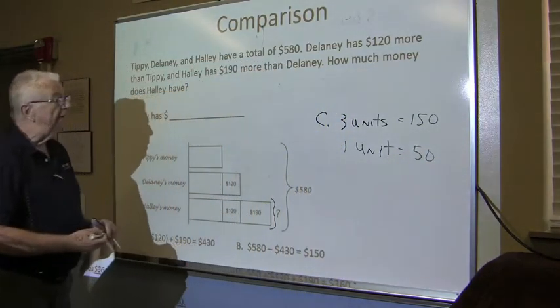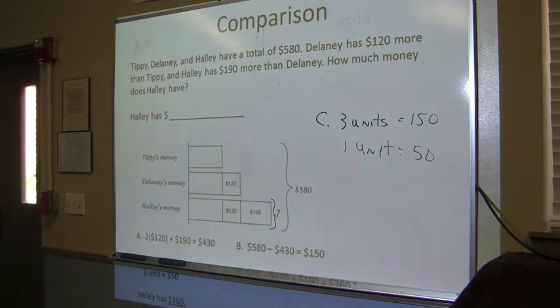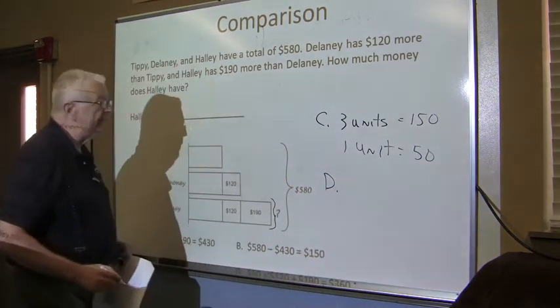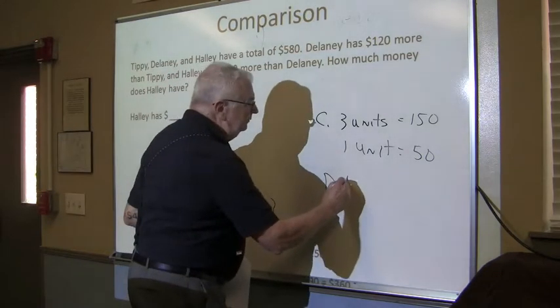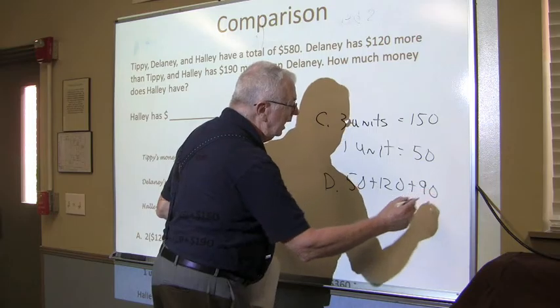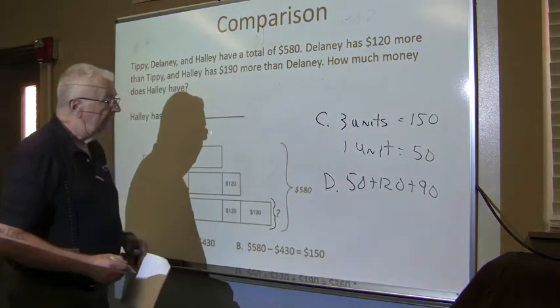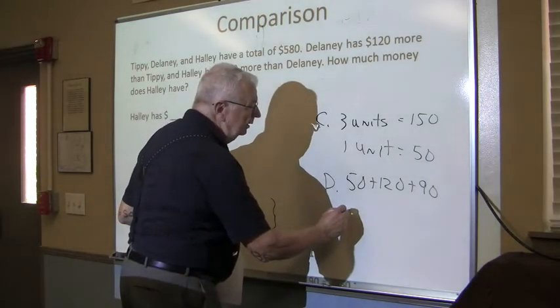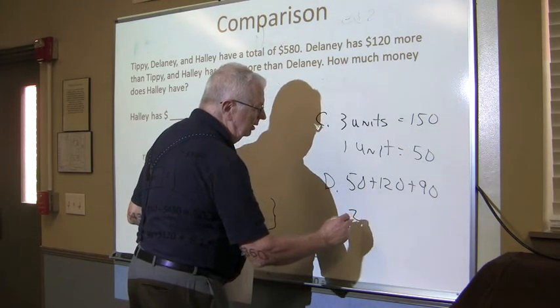Okay. Now, am I finished? No. What is the question asking for? Haley. How much money does Haley have? So my next step here is D. I'm going to be adding up the 50 plus 120 plus 190. And what does that come out to be? It's $190, not $90.